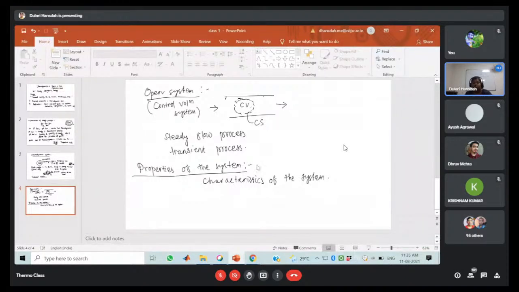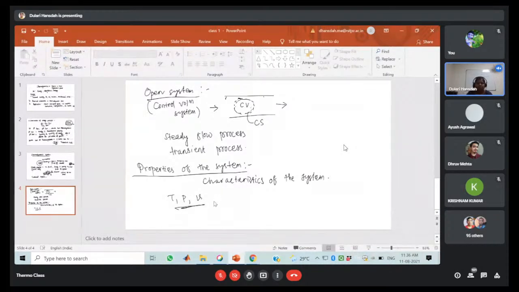Suppose we want to find out the characteristics of any system, that can be found with the help of the properties of the system. The basic properties of the system are temperature, pressure, and specific volume.